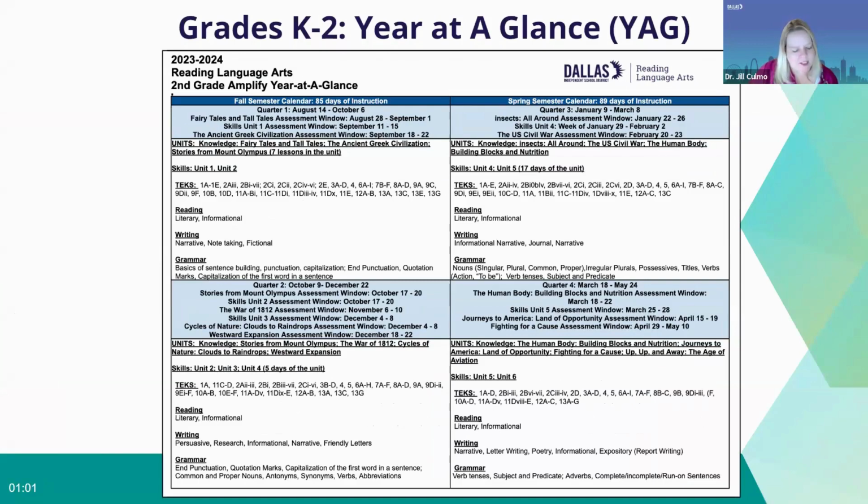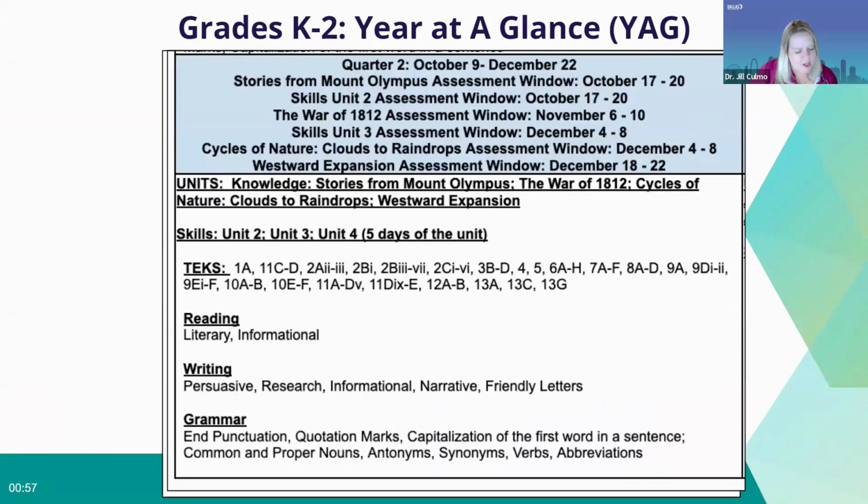Now let's take a closer look at how the quarter is broken down on the YAG. For the purposes of today's session, we will zoom in on grade 2. However, each grade level looks similar. What important dates can we find under quarter 2? We find the dates for the quarter, and we also find the unit assessment windows.